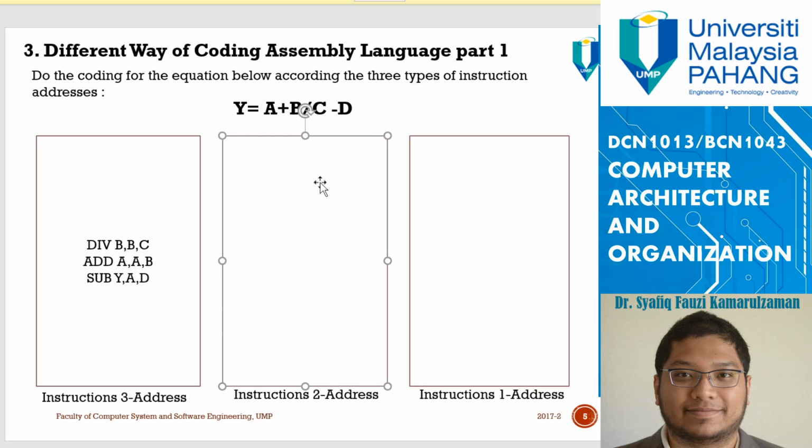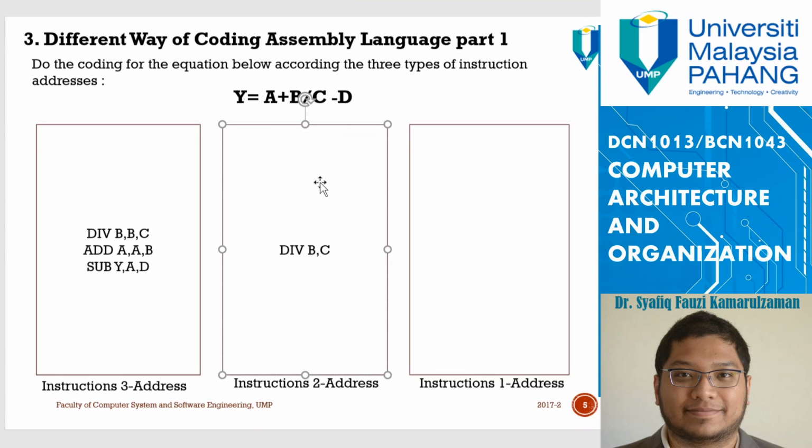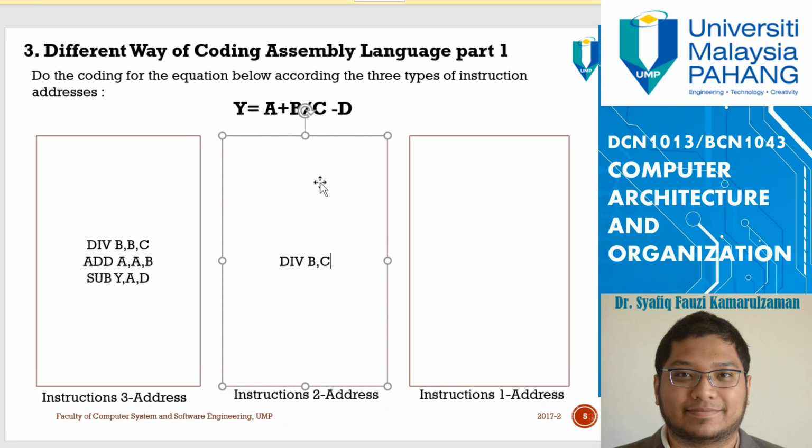let's start with divide B C first. Here you put in divide B C because it's the same as the 3 address.